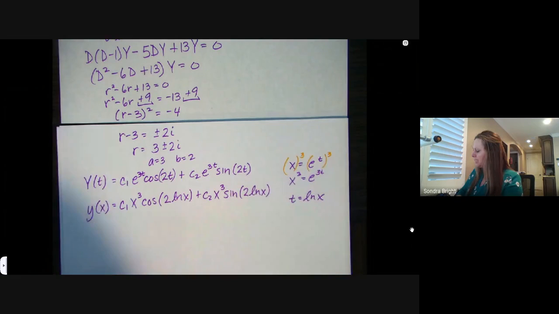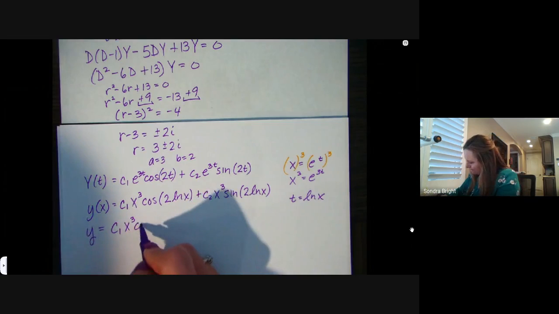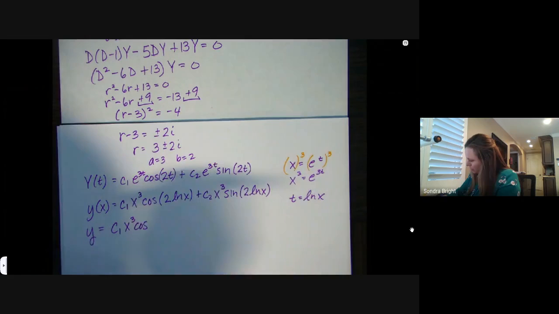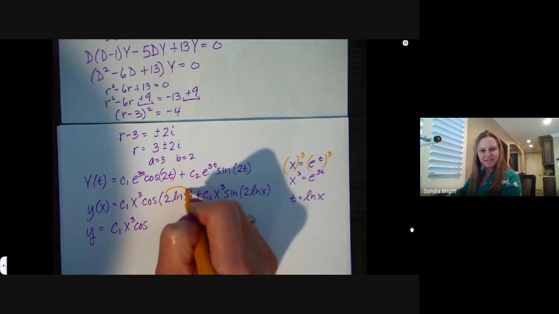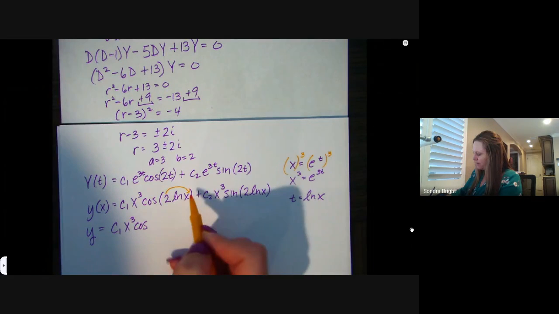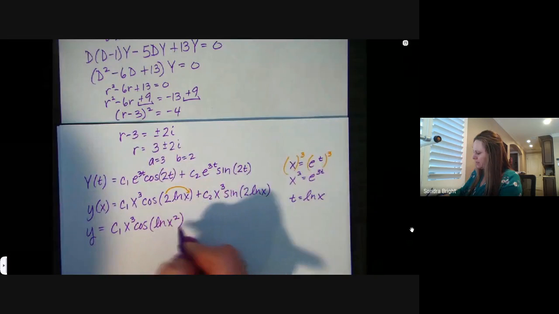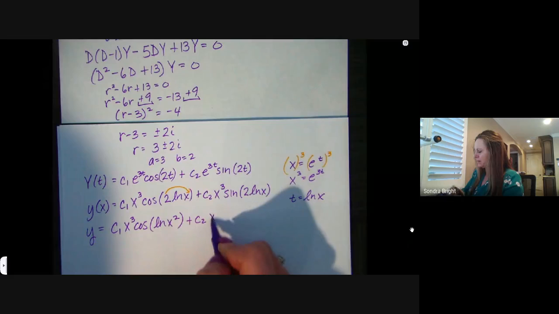Could you leave it this way? Yeah, I guess, but we can clean it up using the laws of logarithms. And write y is equal to c1 x cubed times cosine of what? Remember, you can take that 2 and put it as an exponent on x, so the natural log of x squared, plus c2 x cubed times sine of, do the same thing on this guy.